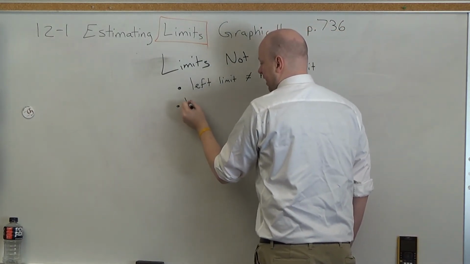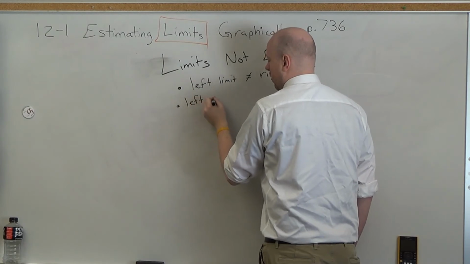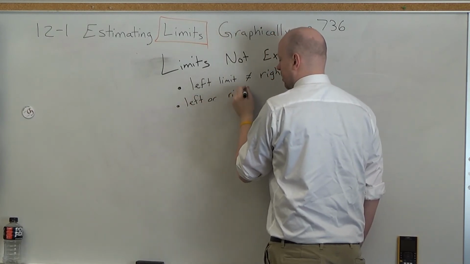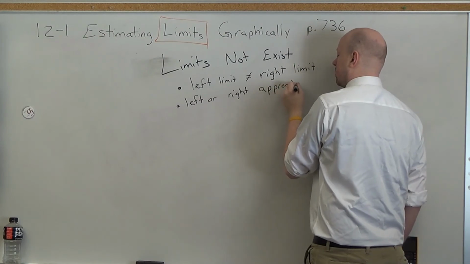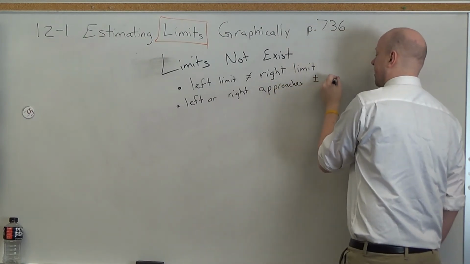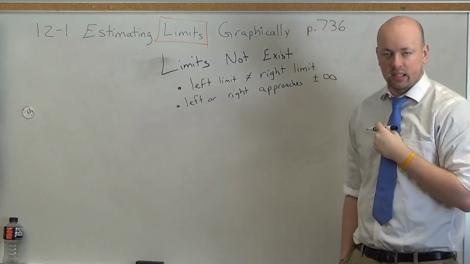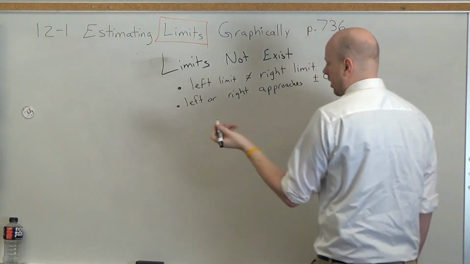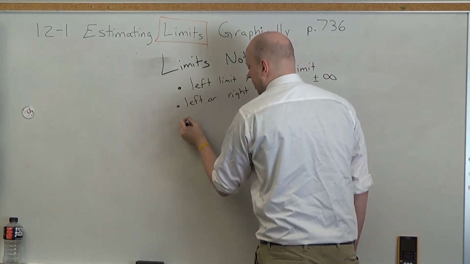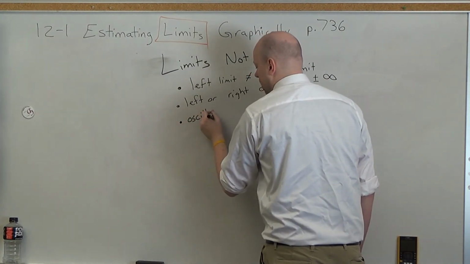If left or right approaches plus or minus infinity, the limit doesn't exist. For limits, we just want one numerical value. Or, in that last case, there's oscillation.